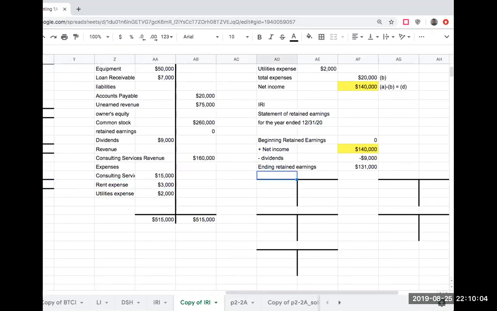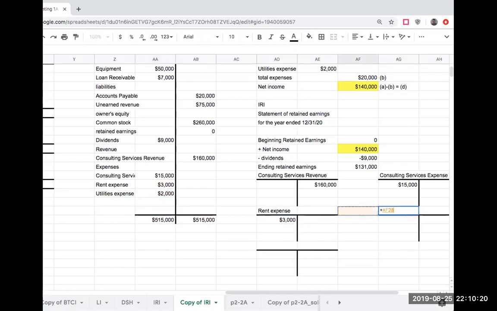I had consulting services revenue of 160,000. I had consulting services expense of 15,000 debit. I had rent expense of a $3,000 debit. I had utilities expense of a $2,000 debit. And then I had over here my dividends, which were a $9,000 debit.